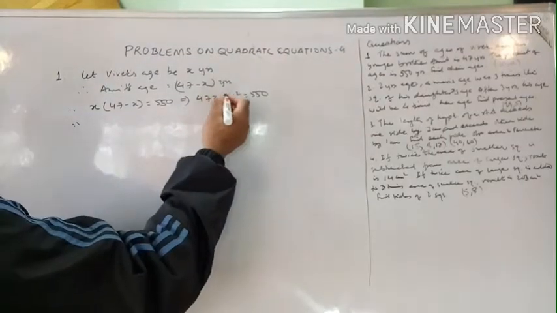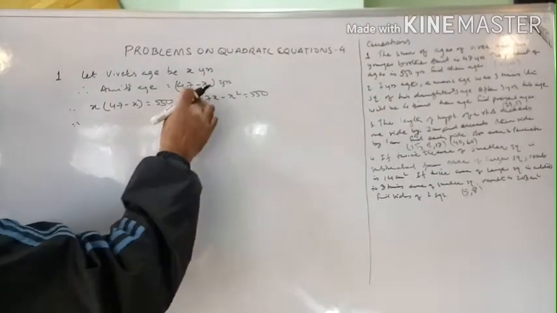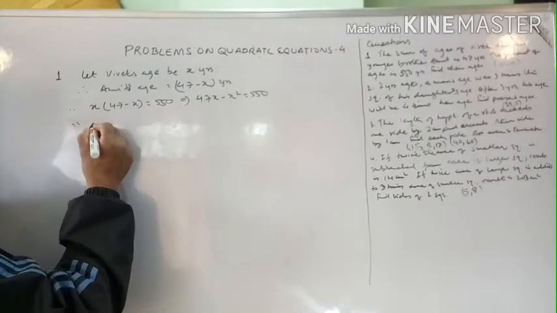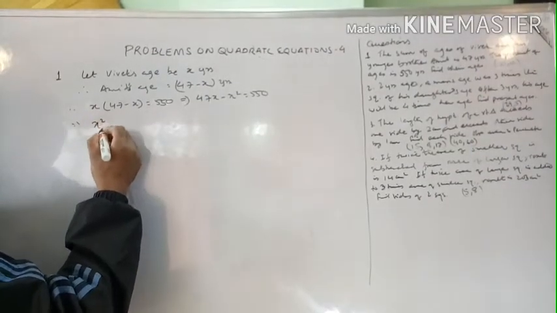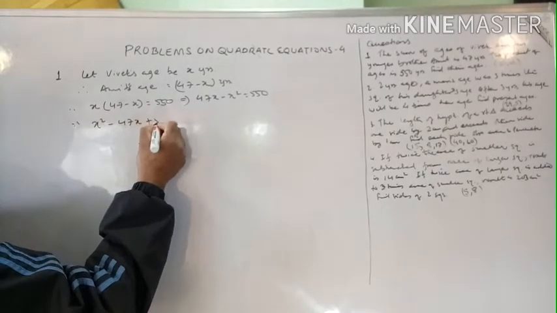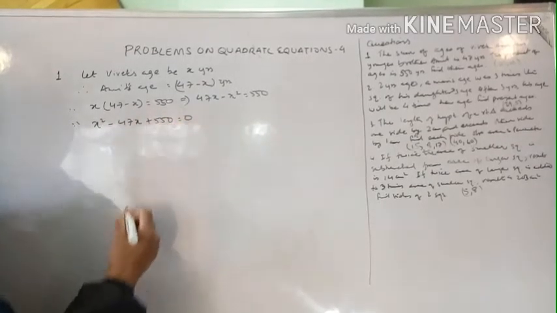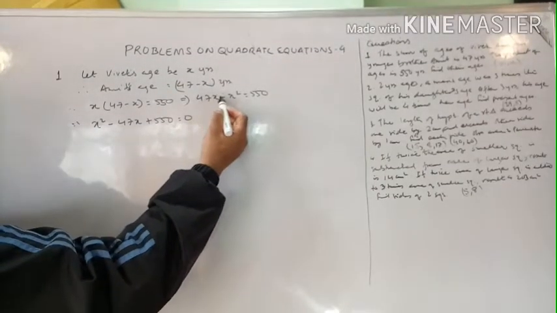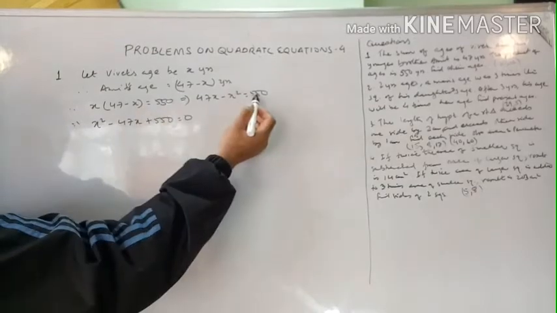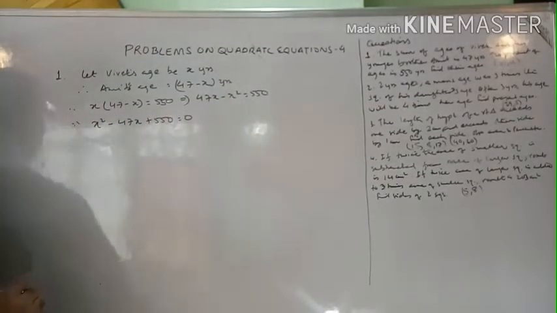Since x square is negative, take it to the RHS and take this also to the RHS and write everything in the LHS. So what you get is x square minus 47x plus 550 equals 0. Because you are taking these terms across, minus becomes plus and plus becomes minus, and this term you are not changing, so it remains as it is.